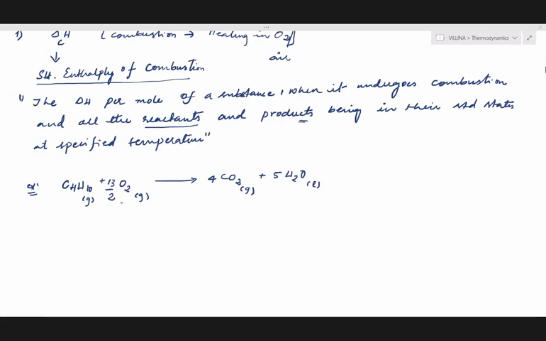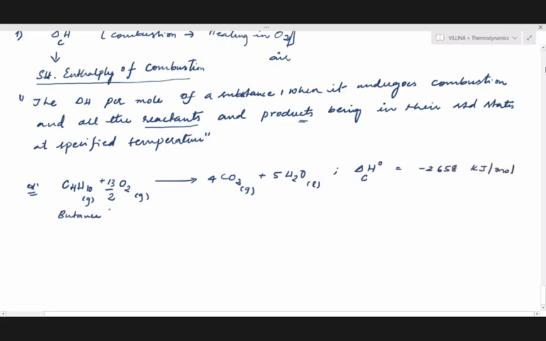But we should also include the enthalpy change involved, right? Since this is a combustion reaction, our butane is undergoing combustion, giving us carbon dioxide and water. So this will be treated as standard enthalpy of combustion, delta H naught C, which will be around negative 2658 kilojoule per mole.